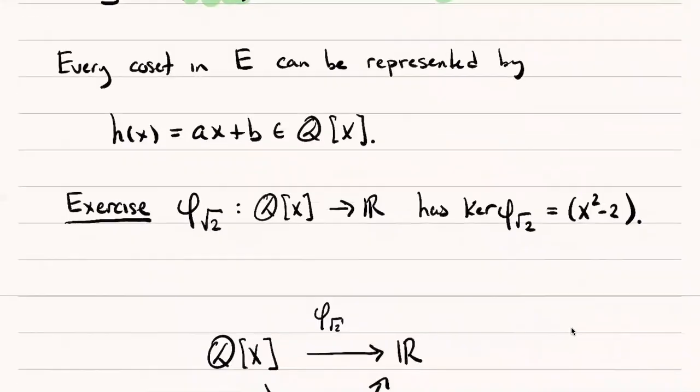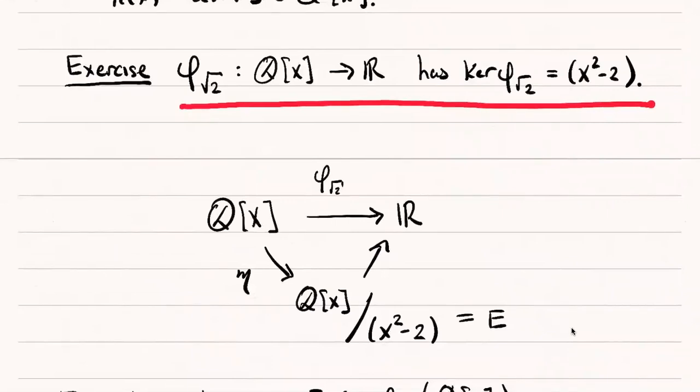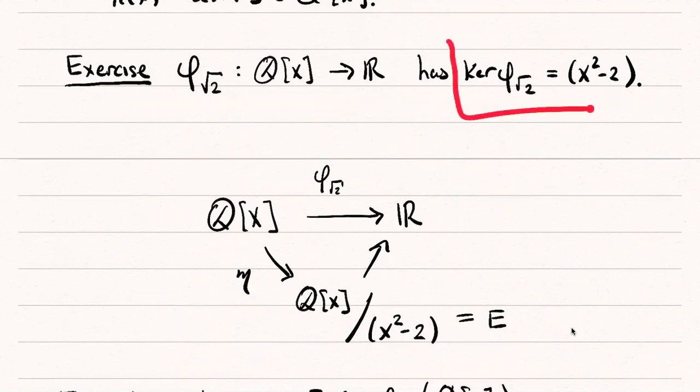Here's another little exercise for you. These exercises get me off the hook and keep the video short, but the evaluation homomorphism at square root of 2 from the rational polynomials into the real numbers, its kernel is precisely the ideal generated by x squared minus 2. This is a fantastic exercise. Do it with a pick-a-point proof. You'll use the division algorithm.